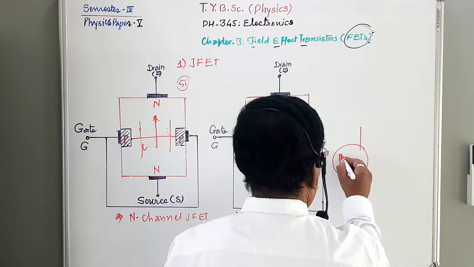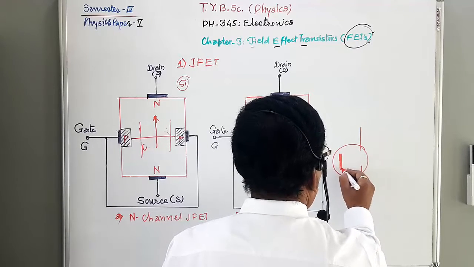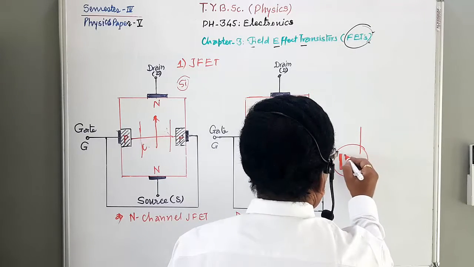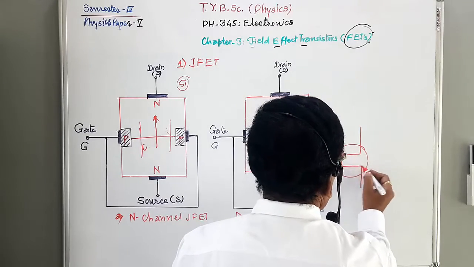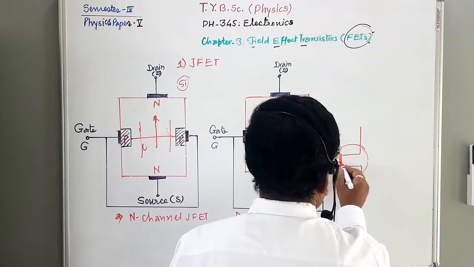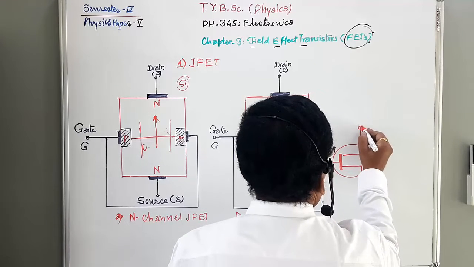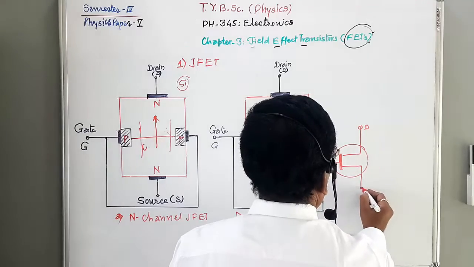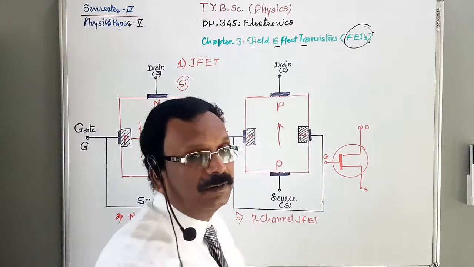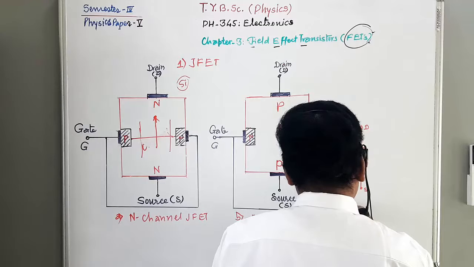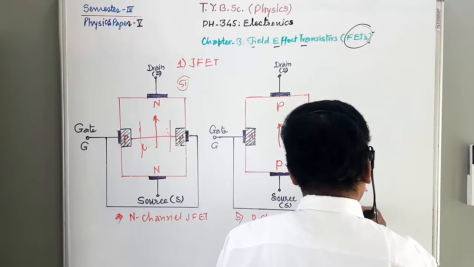Here, this vertical line represents the channel. This is the gate, this is the drain, and this is the source. Suppose this is an N channel.